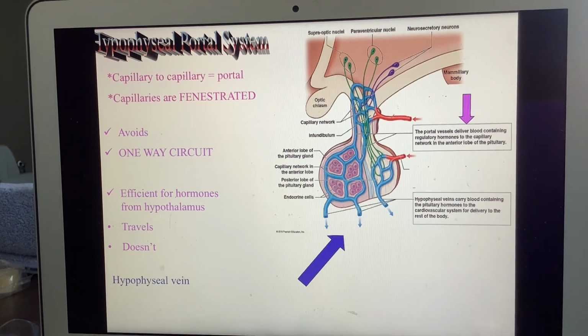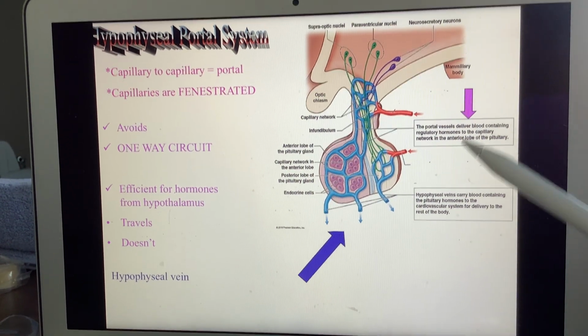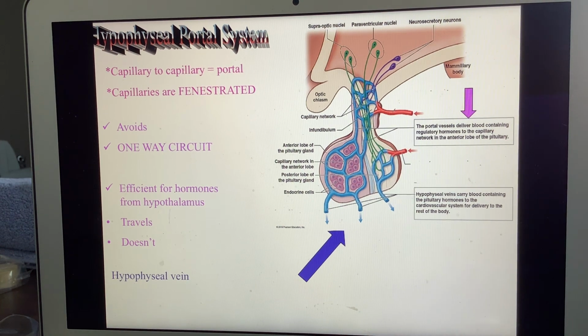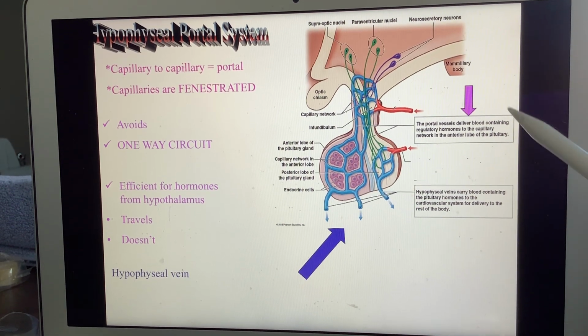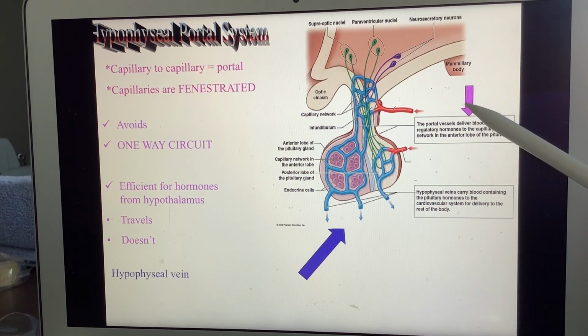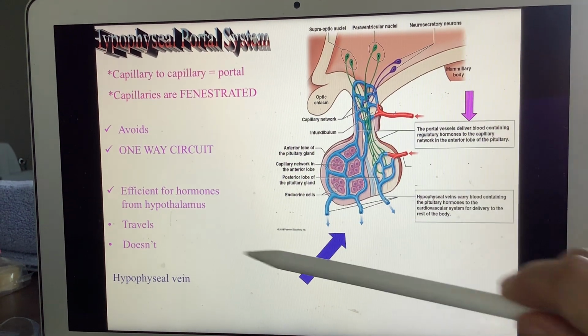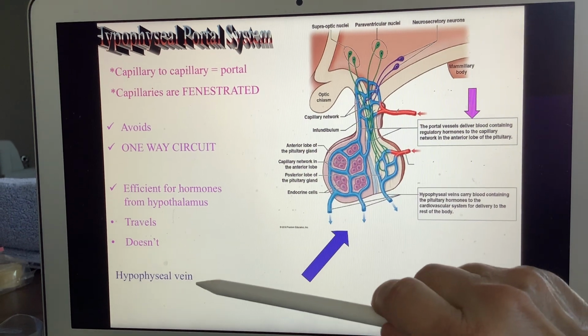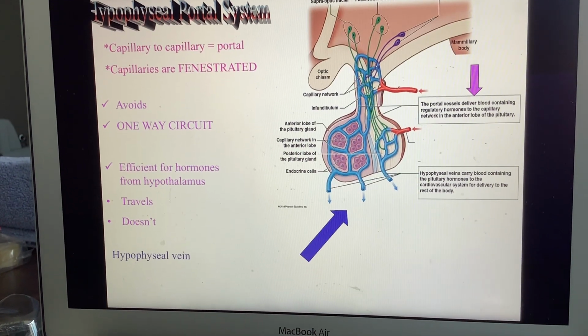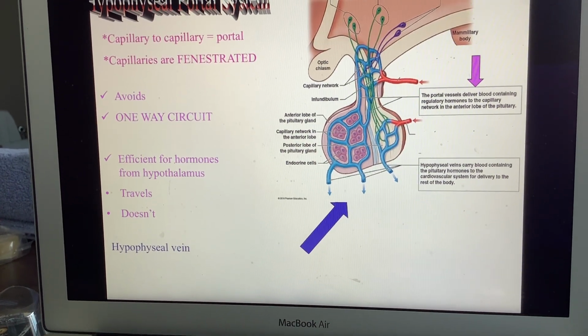There is the hypophyseal vein. Normally when I have arrows to things, I'm very color coordinated. You can see here this arrow is, I don't know what color you want to call it, purple. It goes with the purple writing. Now we have a blue arrow. It goes with the blue writing. So we have that hypophyseal vein.